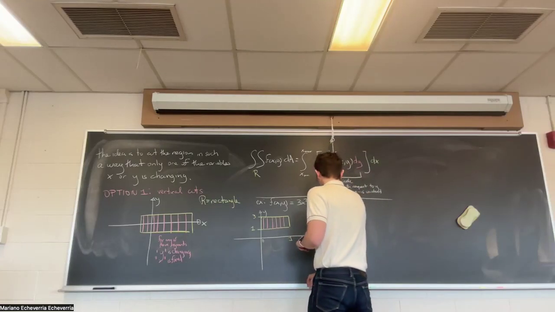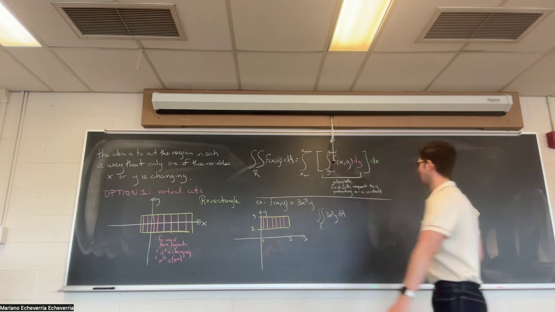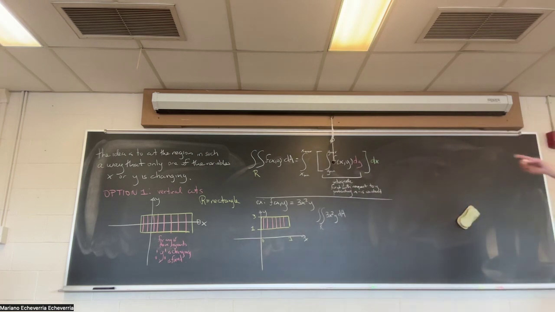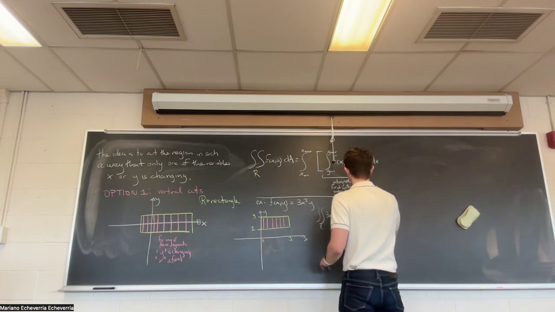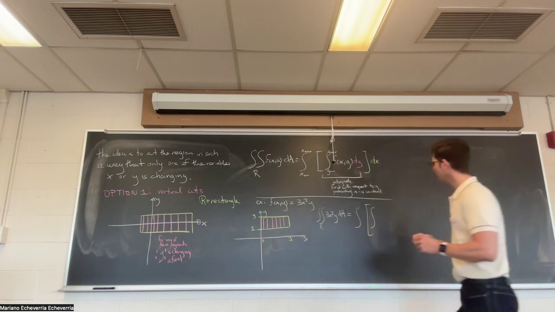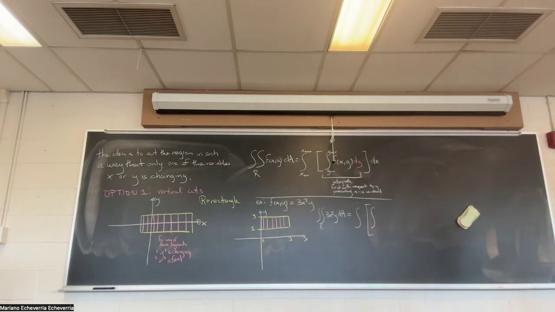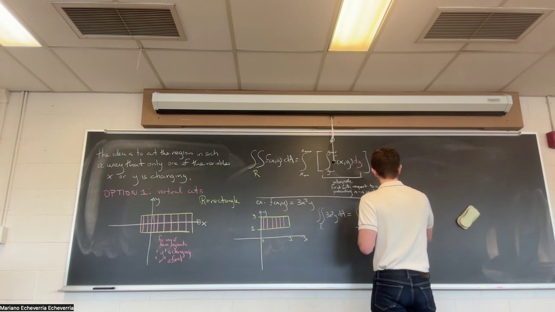So if you wanted to, so what this is saying is that if you wanted to integrate the function 3x squared y in this way, what the method says is that you integrate first with respect to y. So put here 3x squared y.